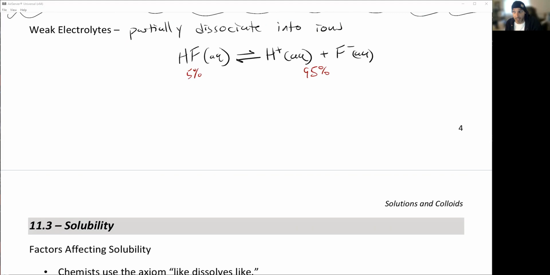And this is considered a really strong weak electrolyte, as in usually it's like 0.1% is actually dissociated. I got that backwards actually, sorry. 95% of it is not dissociated. So usually we have only like 0.1% that dissociates. So that number depends on what you're talking about. Okay.